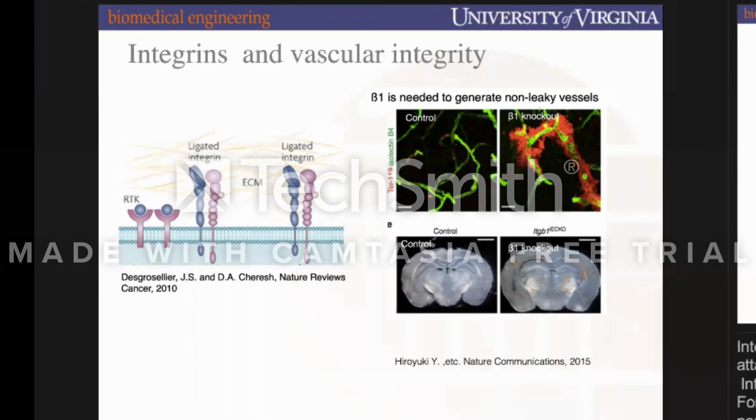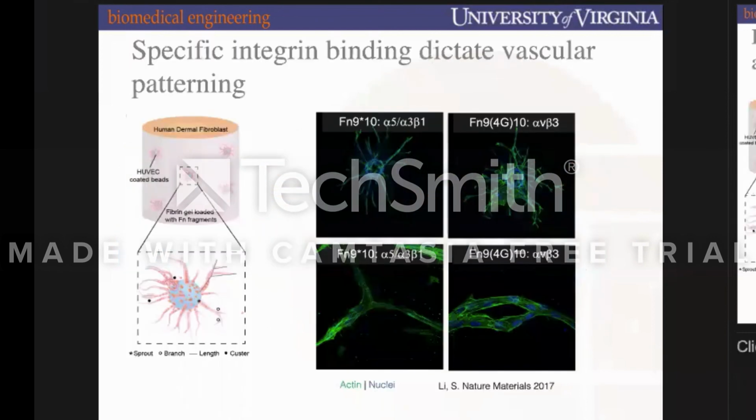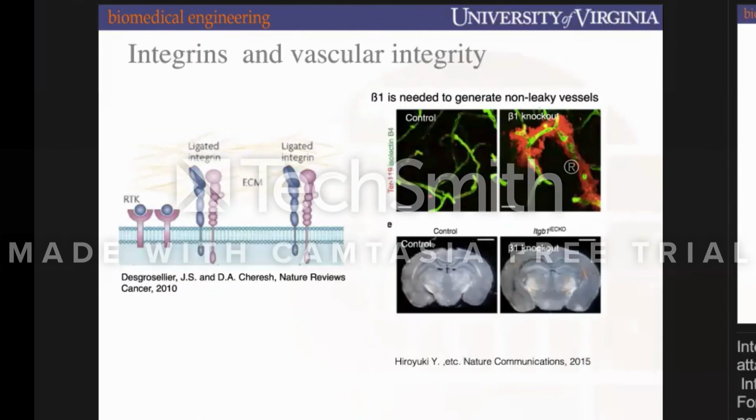In the green is a marker for blood vessels, and the red is TER119, a red blood cell marker. If you see that around, that's blood leaking out, because that's red blood cells. It just moved on without me, forgive me. And that demonstrates that vascular integrity is dependent on integrin beta 1.